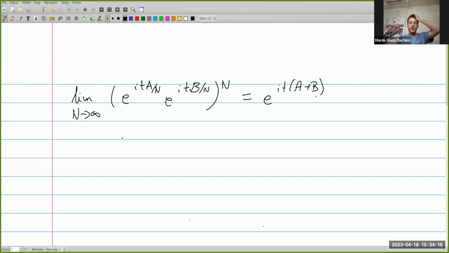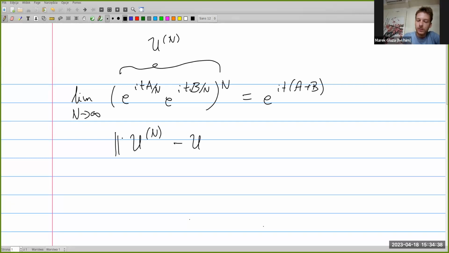Okay, so now I will give you a couple of examples of how to use it, and we also have the stronger formula. So let's call this U_n, so U_n minus U. We got a stronger formula bounding it by, I believe, t squared over n, and then the norm of the commutator of a and b.